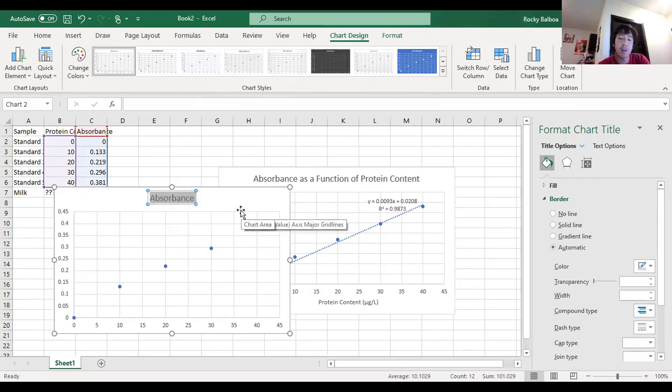So we'll say like, increases in absorbance as a function of protein content.